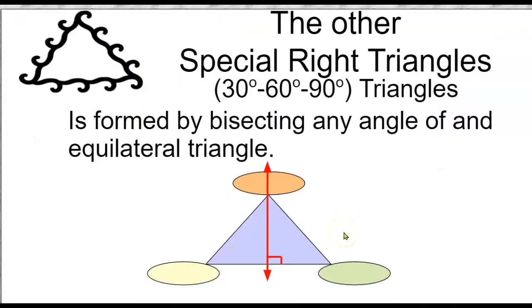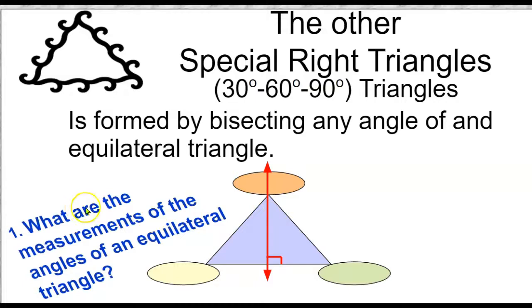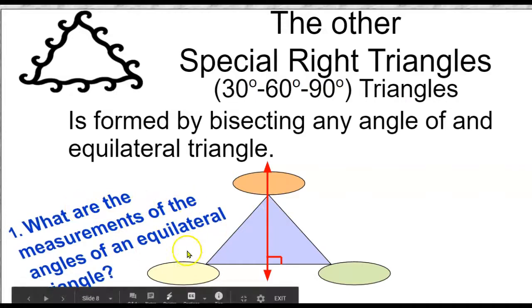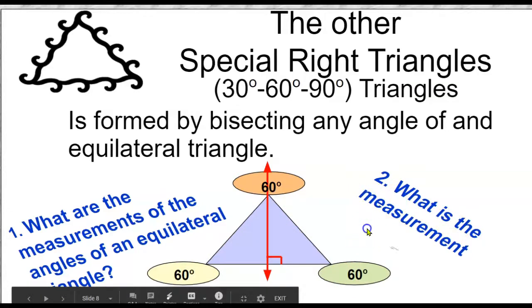Okay, so the other special right triangle is the 30-60-90. It's formed by bisecting any angle of an equilateral triangle. Do remember that in an equilateral triangle, the angles are all 60 degrees. Okay, what is the measurement of the bisected angle?